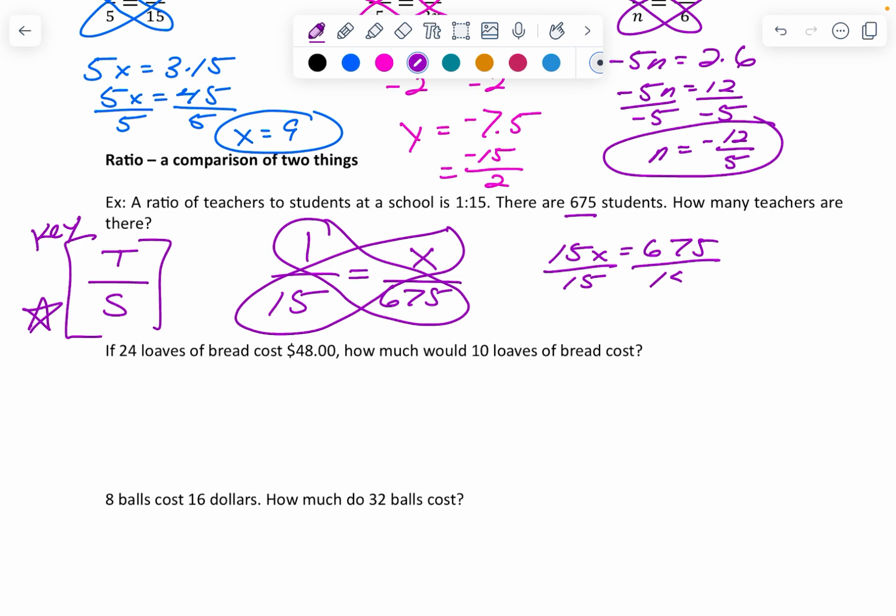Dividing both by 15. Here's my handy dandy calculator because we can use them. 675 divided by 15. Looks like we get x equals 45. So how many teachers are there? There is 45 teachers.